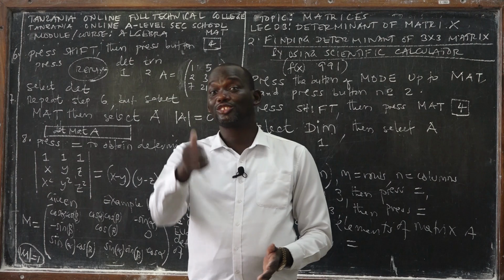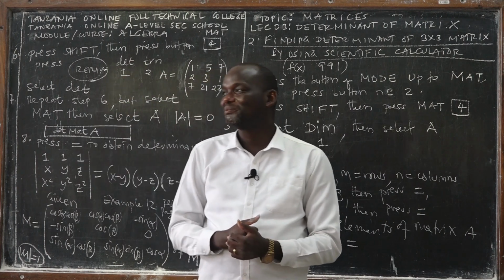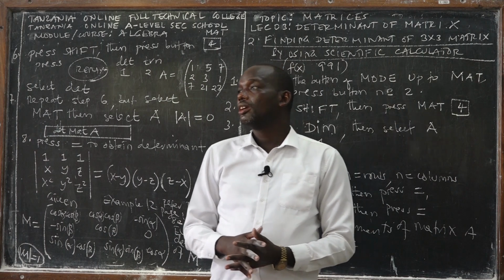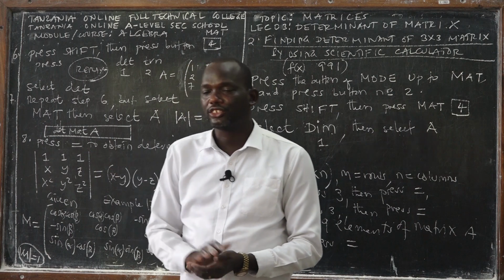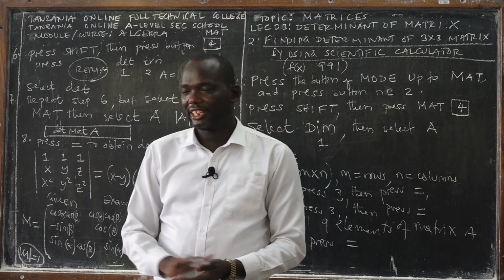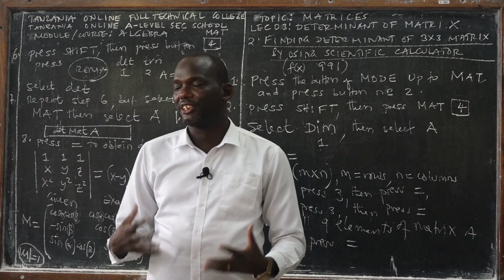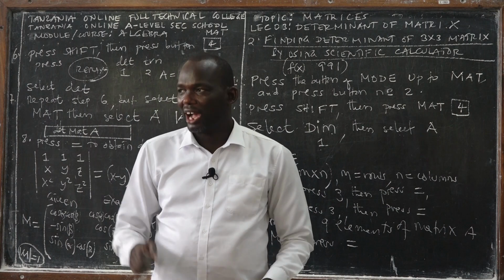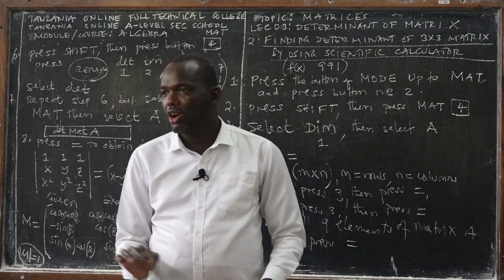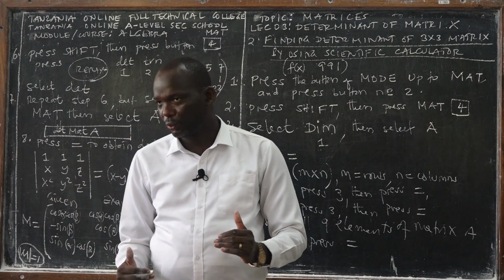You should not use the scientific calculator to write the solution. The scientific calculator will give you the value of the determinant quickly, but you still have to do the numerical or analytical process to solve that question.